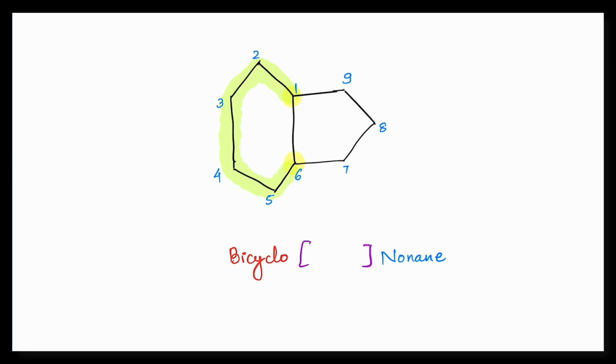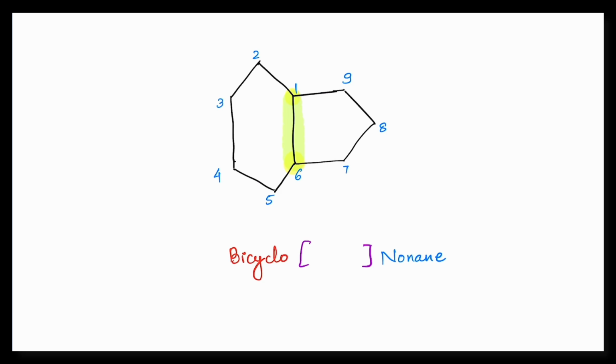Then there is another path possible here, which is if you can start from here and take this route. And there is a third path possible, which is this direct path between the two carbon atoms. Okay. Now that we have decided the paths, we will count the number of carbon atoms in each path.